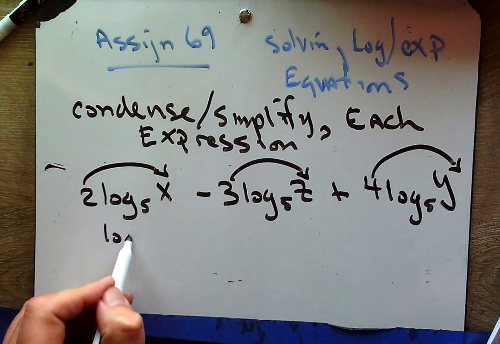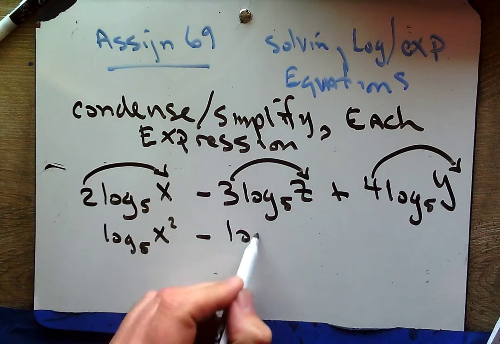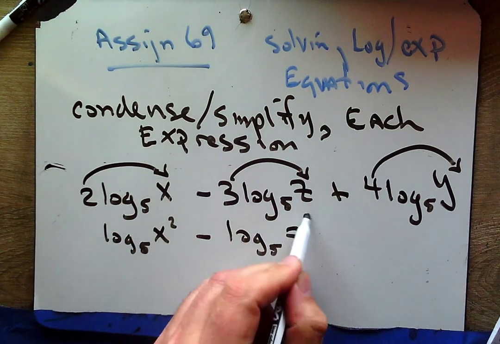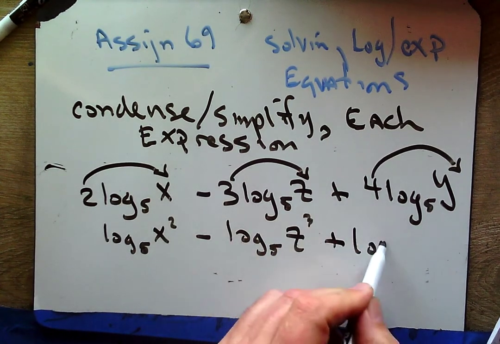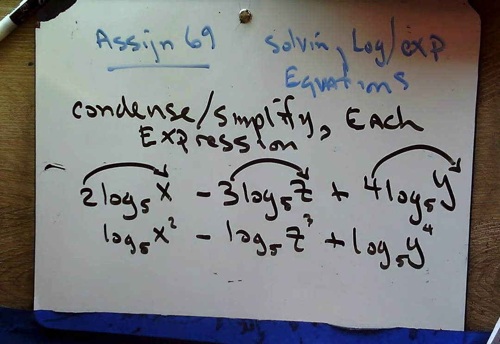And so that's going to be log base 5 of x squared minus log base 5 of z to the third plus log base 5 of y to the fourth.